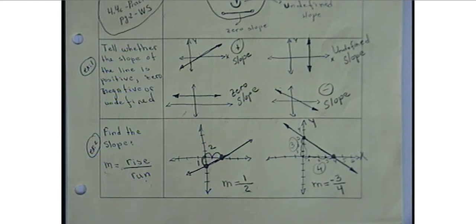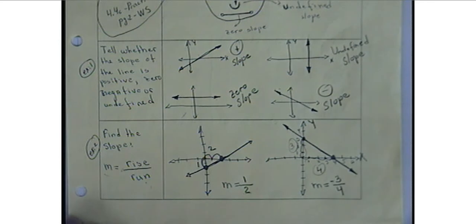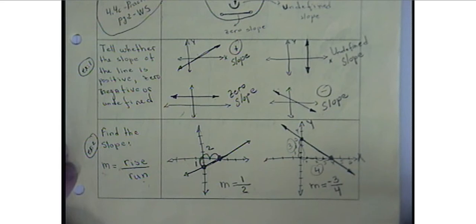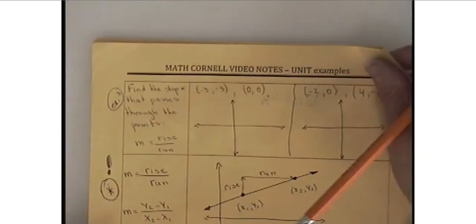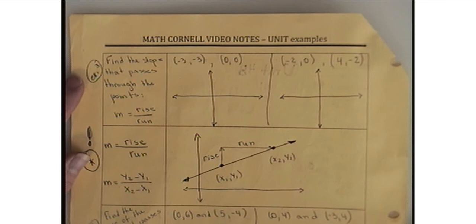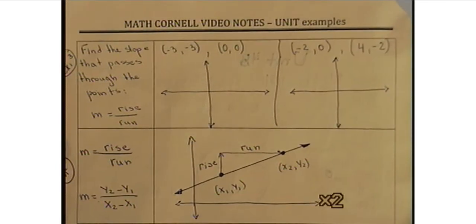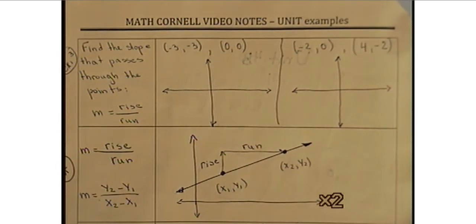Alright, very good. So I'm gonna keep going to the next example, and you guys will follow me if you're ready. If not, take a moment, finish, and come back to the video. So the next example that we are going to discuss: we're going to find the slope of a line that passes through certain points.